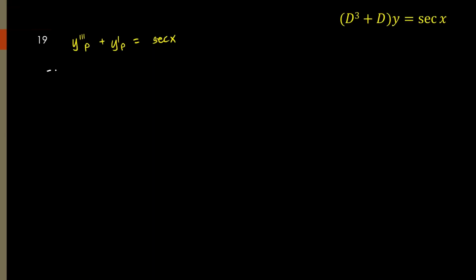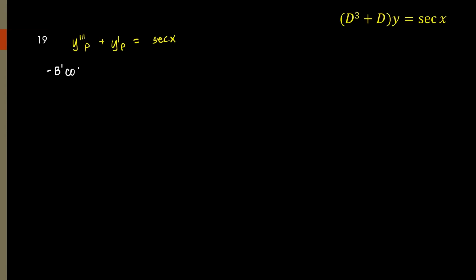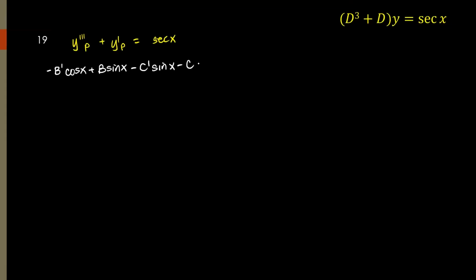Negative b prime cosine of x plus b sine x minus c prime sine of x minus c cosine of x plus y prime of p.